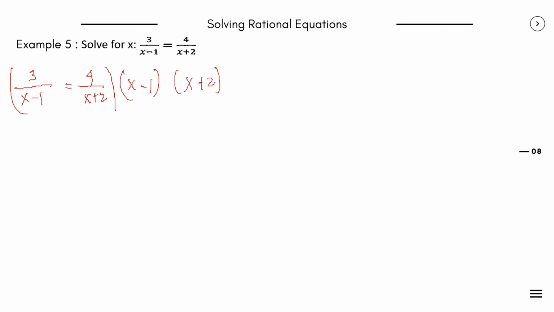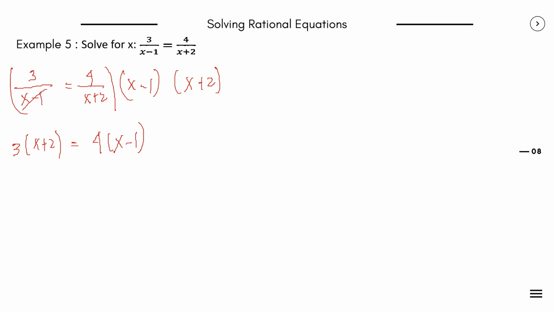Okay, so x minus 1 divided by x minus 1 and x plus 2, makakancel out yan. And then, i-multiply na lang natin is 3 and x plus 2 is equals to 4 and x minus 1.